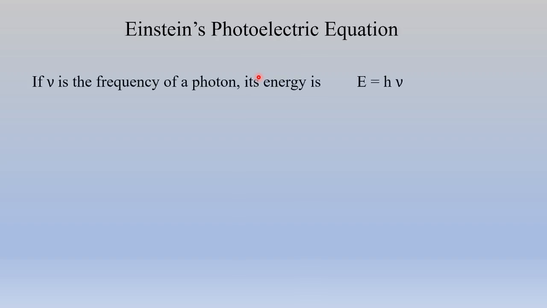As we know, according to the quantum theory, light consists of small packets of energy called quanta or photons. The energy of a photon with frequency nu is equal to h nu. Here h is Planck's constant. And when a photon is incident on a metal surface, its energy is used up for two purposes.